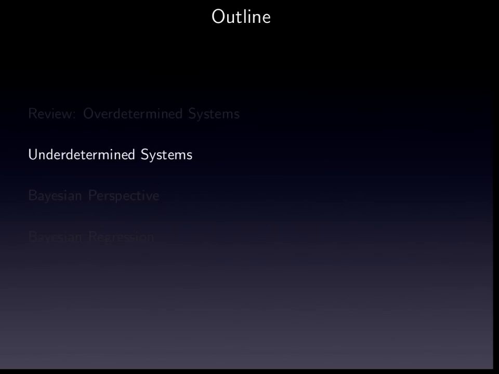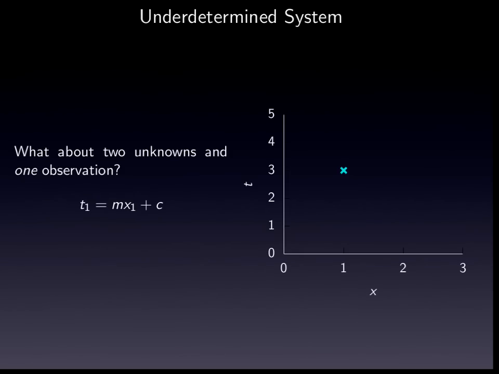So that's how we got least squares. But now I want to take you somewhere else, which is actually the opposite end of that coin, an underdetermined system. How do you deal with a situation where you've only got one observation? Before, we had two observations for two unknowns, and we could solve that.